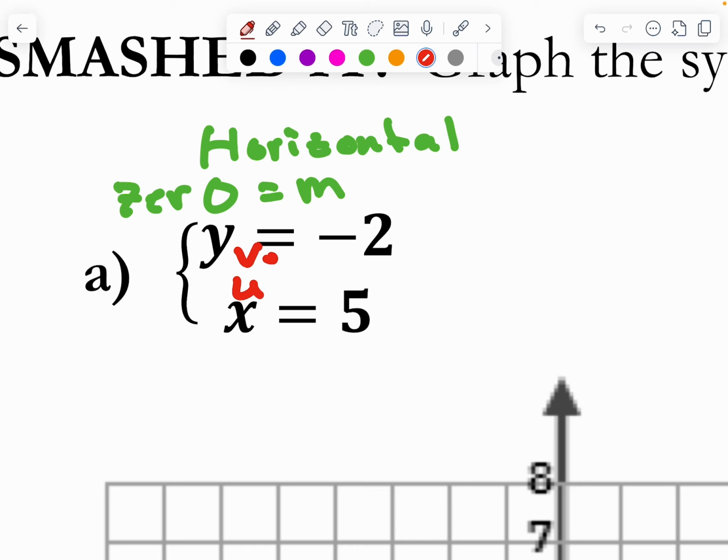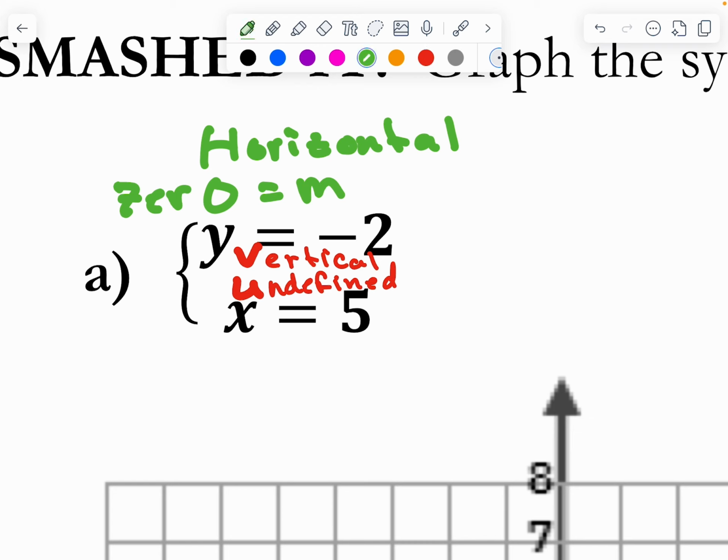Remember that Vux means vertical and undefined. It's okay if you guys can't write this. Just write it somewhere else. I'm just writing it in between because I am able to.